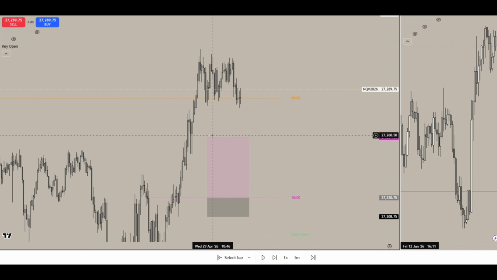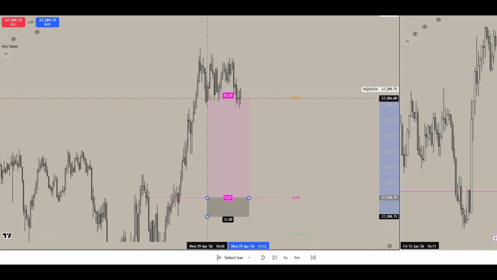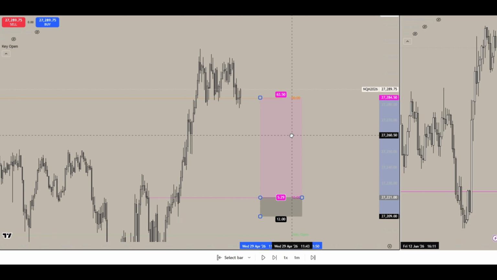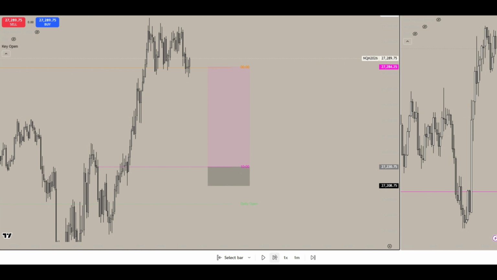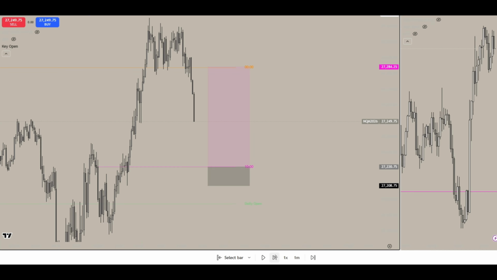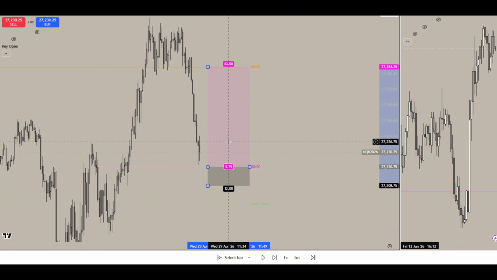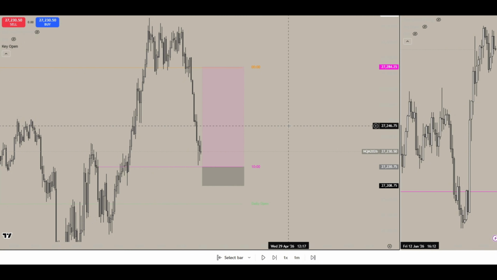Boom, we could have our stop loss right there, and then this would be perfect to take to Midnight Open. Because as I said, Midnight Open isn't always the strongest, especially in New York AM, but it does still get respected a lot of the time.